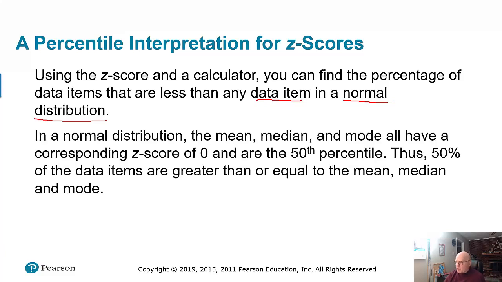In a normal distribution, remember, the z-score is right in the middle, where the mean, median, and mode have met. It's the 50th percentile, right in the middle. Z-score is 0. Mean, median, mode, 50th percentile. All of them are exactly the same place.